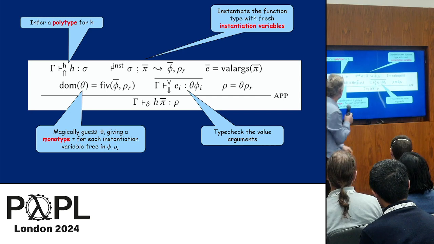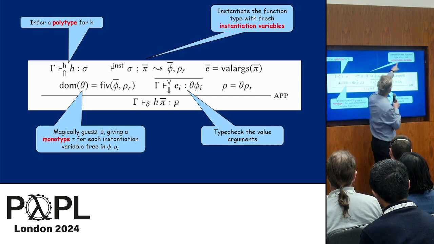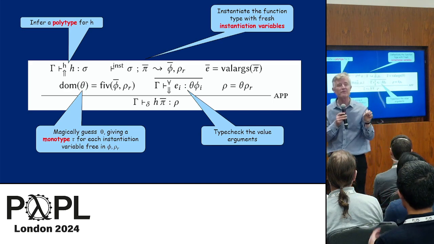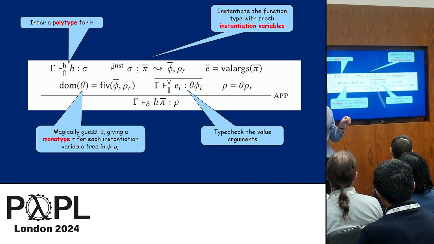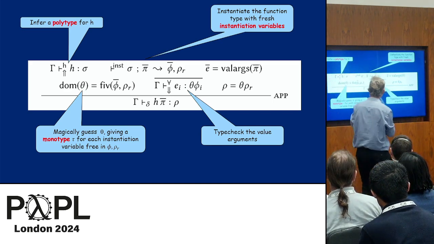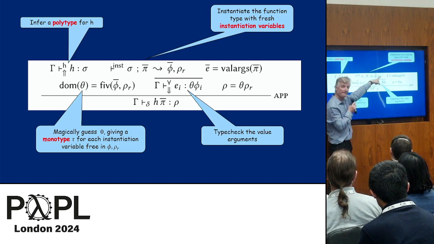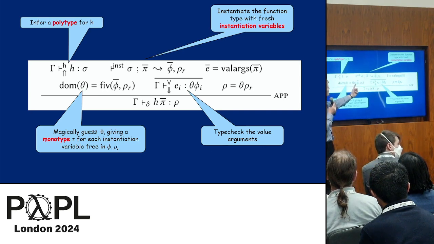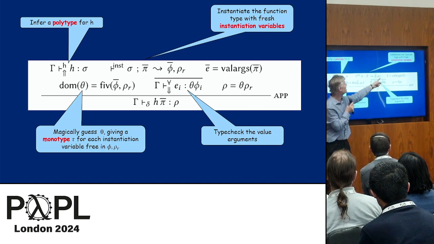So this says instantiate the function with fresh instantiation variables. Instantiation variables have a very short life, right? They are born here, and then at this point, this is a funny line. What does this say? It says take the free instantiation variables of phi and rho, and for each of them choose a monotype.